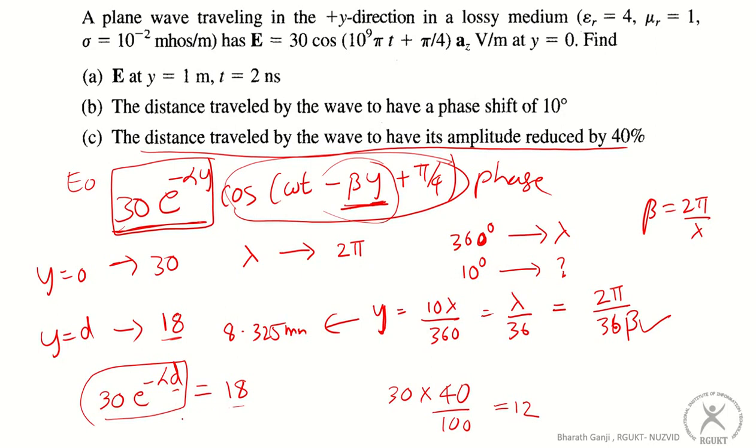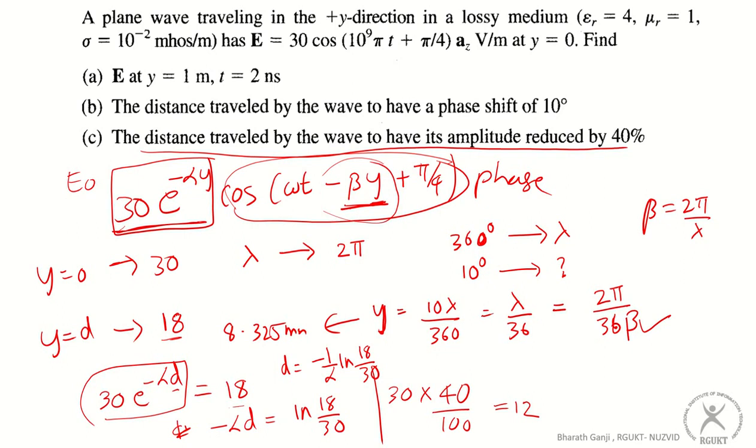This happens when you take ln on both sides. Then you get minus alpha into d is equal to ln of 18 divided by 30, or d is simply minus 1 by alpha ln of 18 by 30. Of course, you get a negative number for ln, but it doesn't matter basically. The wave is traveling some distance d, so y is increasing.